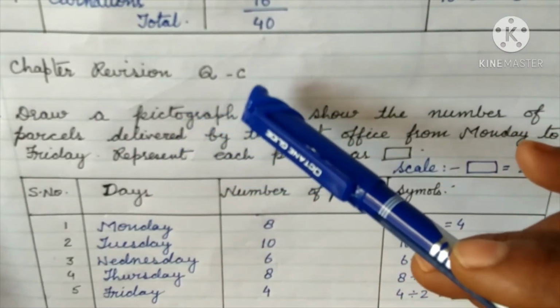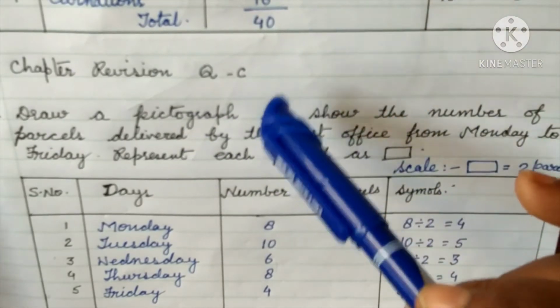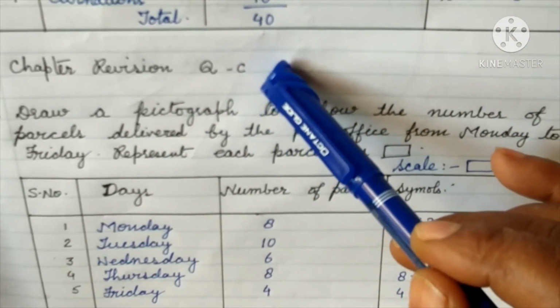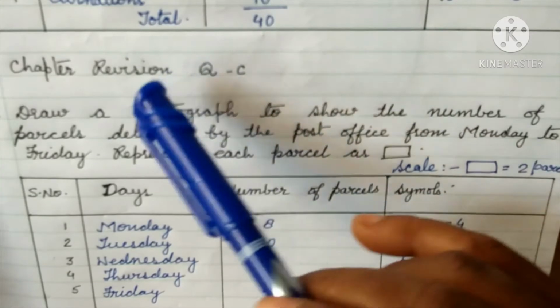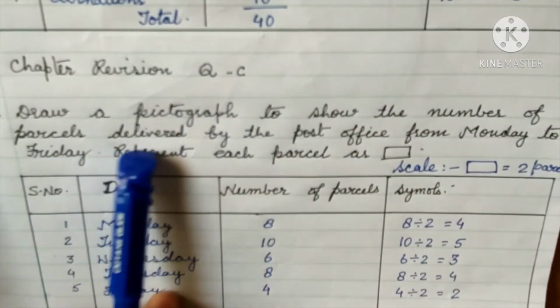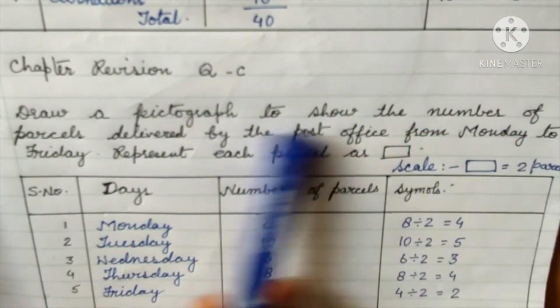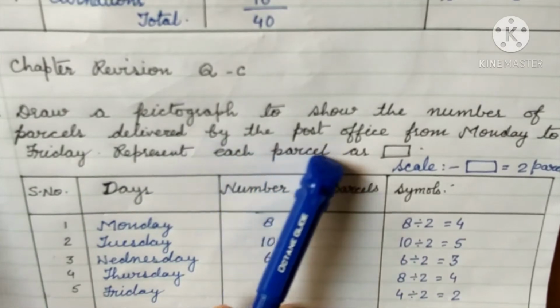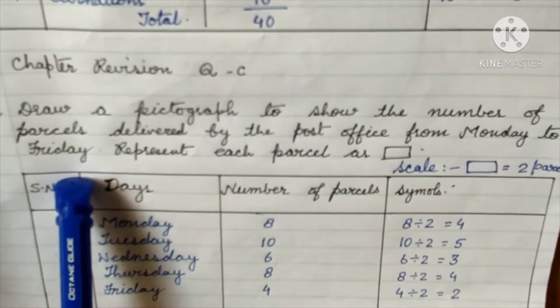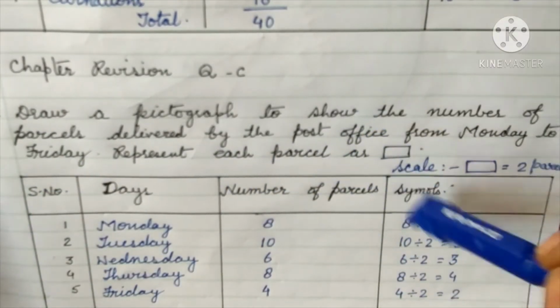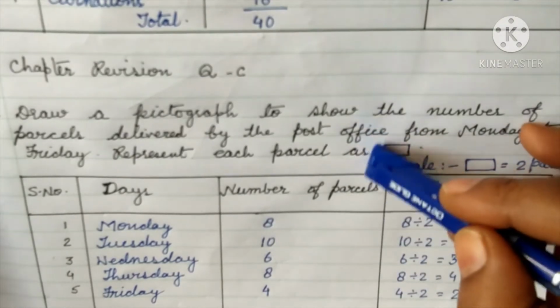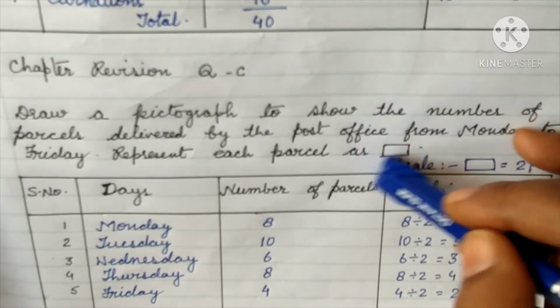Now we are switching to the next question, and this question I have taken from chapter revision, that is also a pictograph. Question number C. Draw a pictograph to show the number of parcels delivered by the post office from Monday to Friday. Represent each parcel as a block. They have taken a square rectangle.